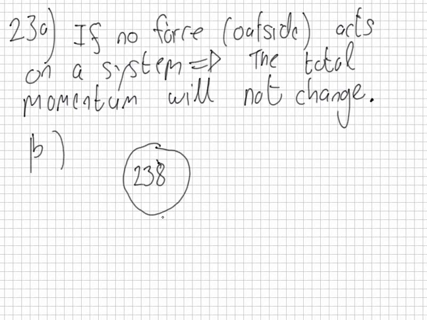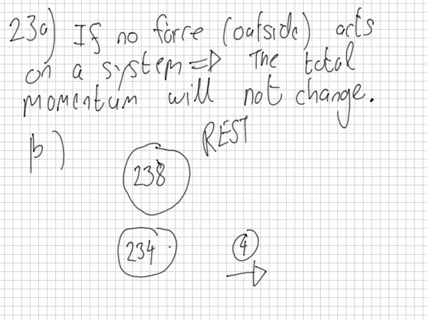Then a piece breaks off. So now you're left with 234, and 4 protons and neutrons exit. So that's what the picture looks like. It starts at rest, and then there's like a little explosion, a little bit kicks off.